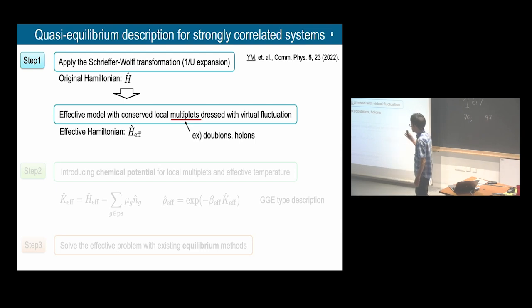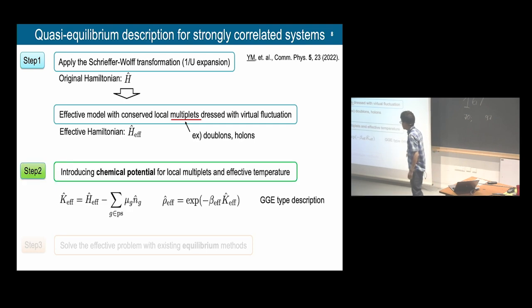on these dressed entities. So after saying this, the quasi-equilibrium description for the strongly correlated system can be summarized as follows. In step 1, we apply the Schrieffer-Wolff transformation to the original Hubbard Hamiltonian, and truncate out the higher order recombination term of the charge carriers and get an effective model that exactly conserves the number of charge carriers.